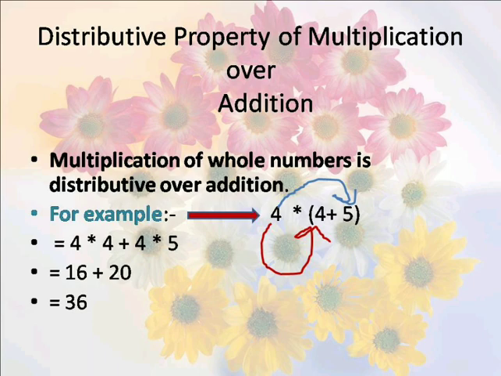It shows that the value which is outside will be multiplied with both the values which are inside. After multiplying 4 into 4, that is 16, then 4 into 5, that is 20. As in between plus sign is there, we will add the values. So 16 plus 20 is what? 36.